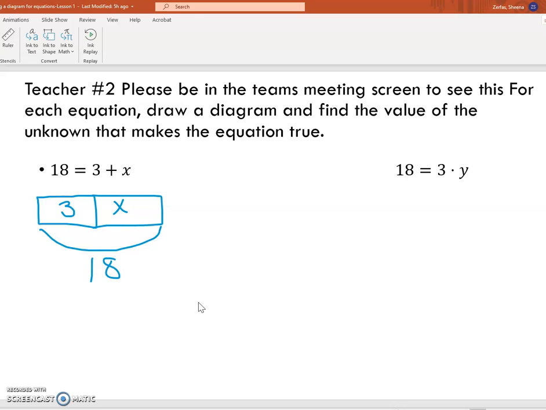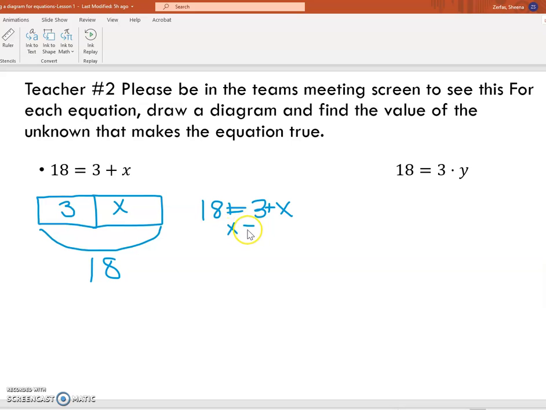To solve this, we're going to guess and check. You might already know what x equals based on your number knowledge. If you're not sure, it's okay to take a guess and plug it in and see if that would make this true. So let's say you wanted to guess 12. You would take the original equation, 18 equals 3 plus x, and you would replace x with what you think it is.